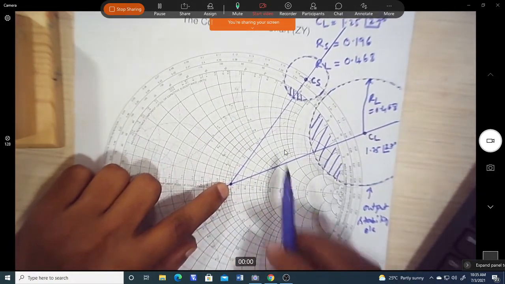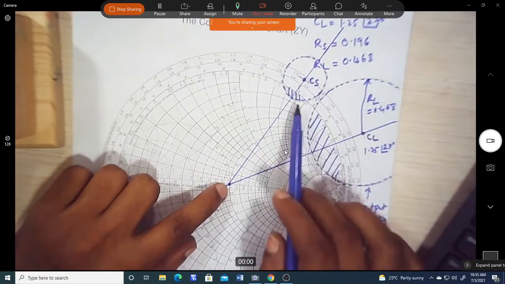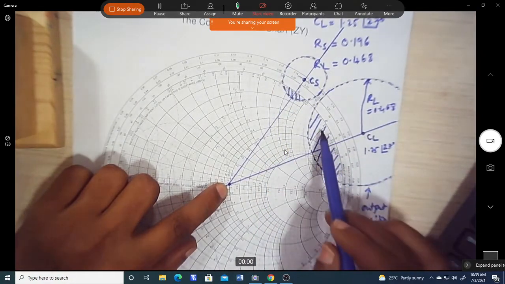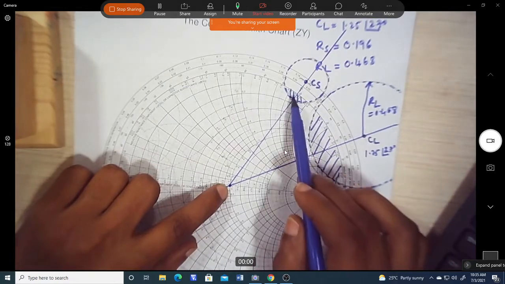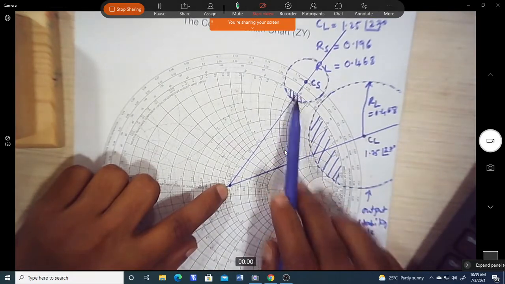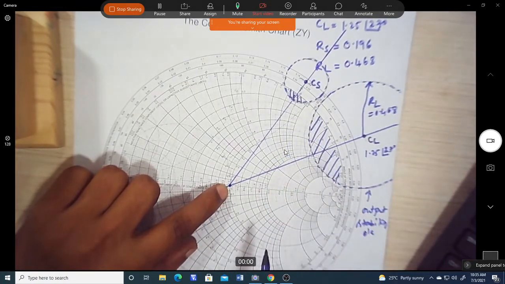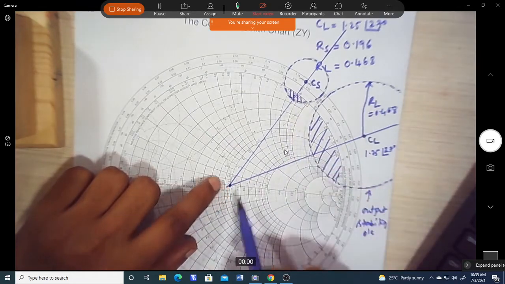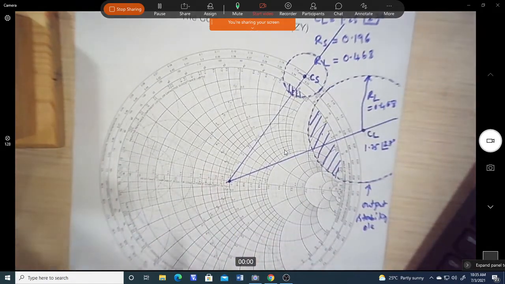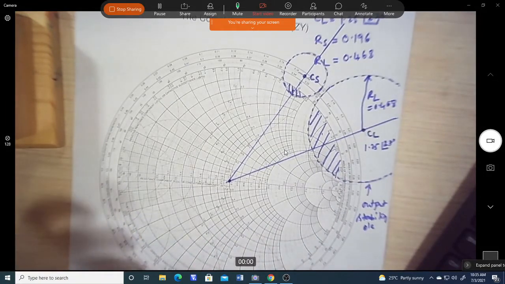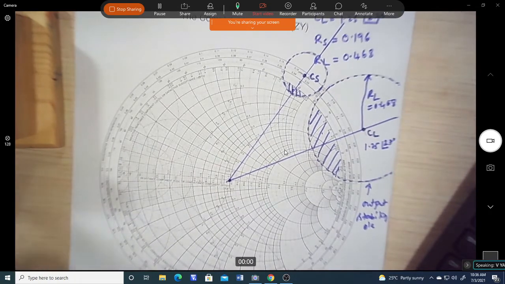Wherever the input or output stability circle intersects, as marked here, only those are the stable regions. Since no stability circle includes the center of the Smith chart, the given device is potentially unstable. That is the conclusion.